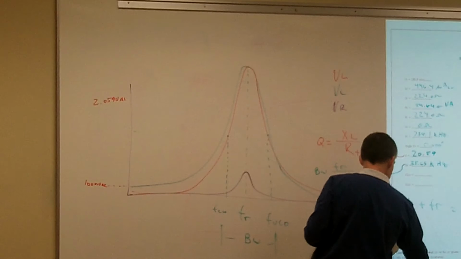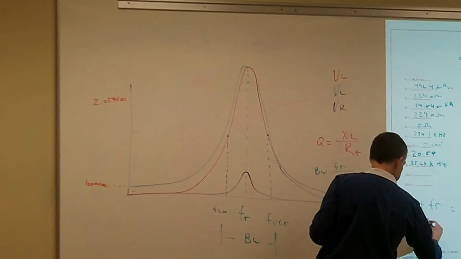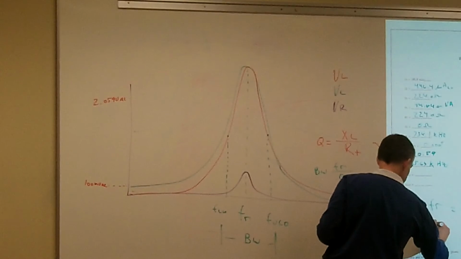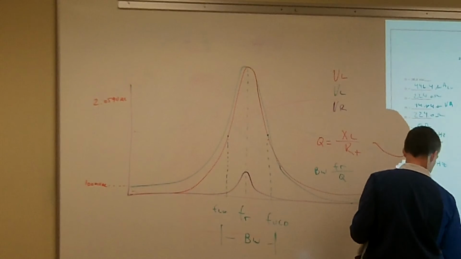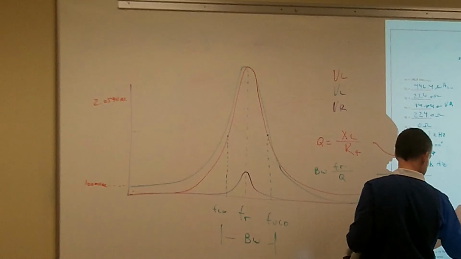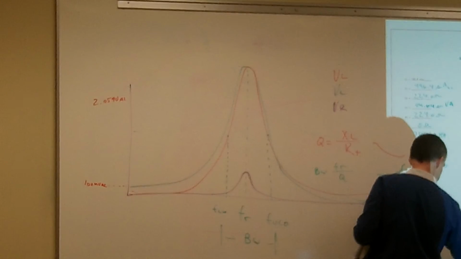Now if I take my resonating frequency and subtract half my bandwidth, I got those backwards. This will be my upper frequency cutoff, and then my lower frequency cutoff.